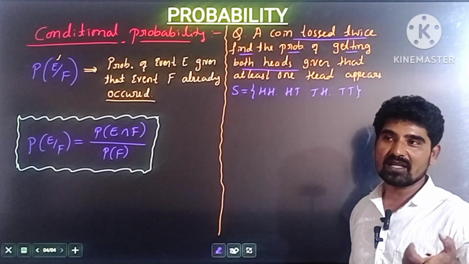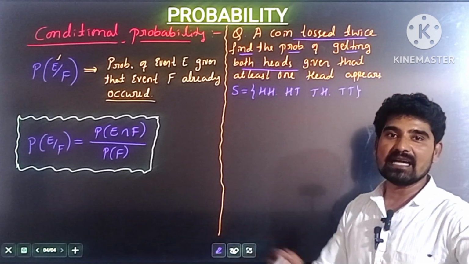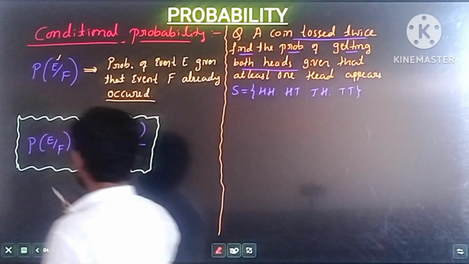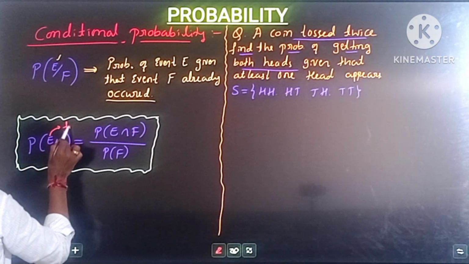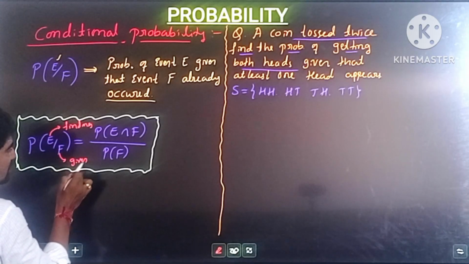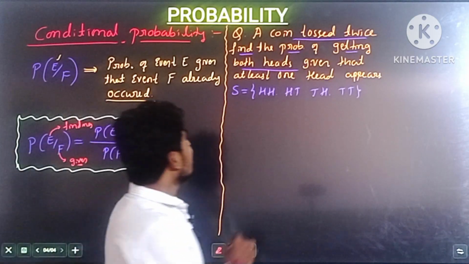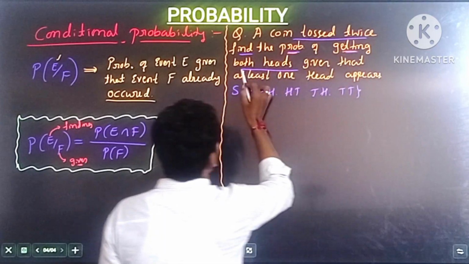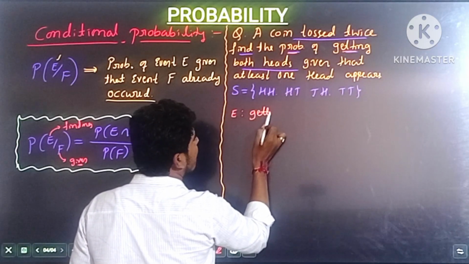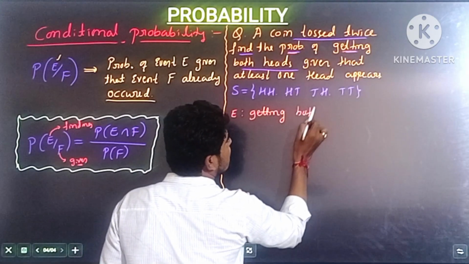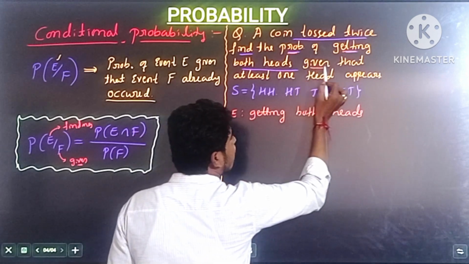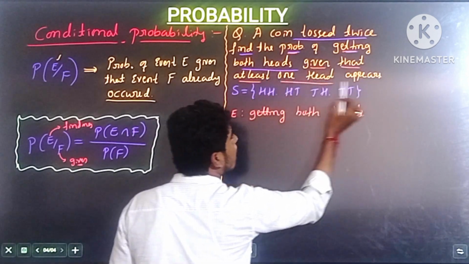It means we need to calculate the probability of the event of getting both heads. In the probability of E by F, the finding event is E, and F is the occurred or given event. So event E is getting both heads, and it is also given that at least one head appears.